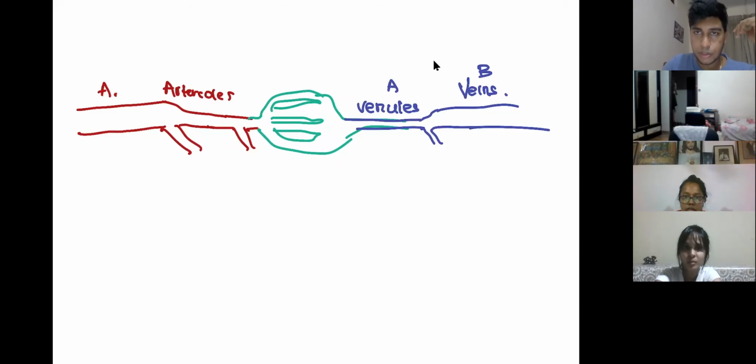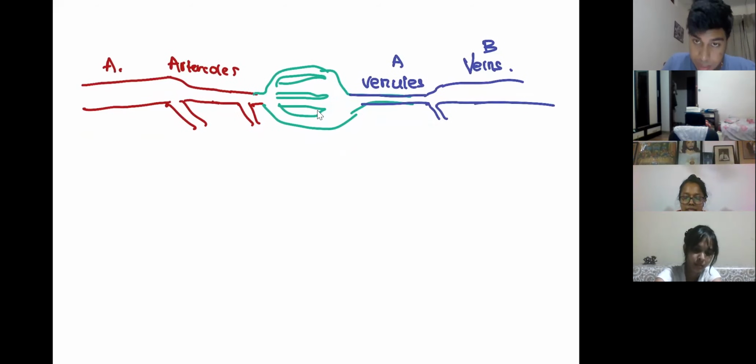Send your answer in the group chat. Just type A or B. Venules. Yes. Okay, I see that you guys know. Venules have a higher pressure than veins. Remember that.